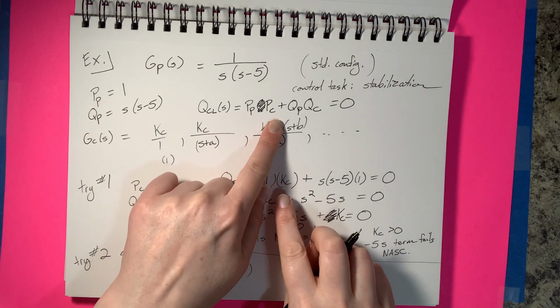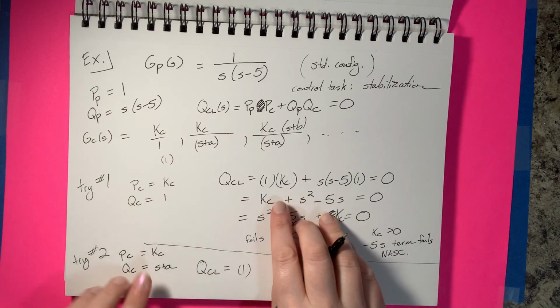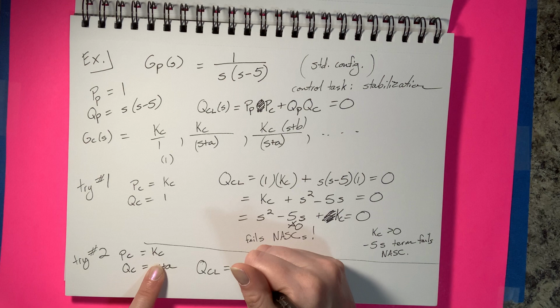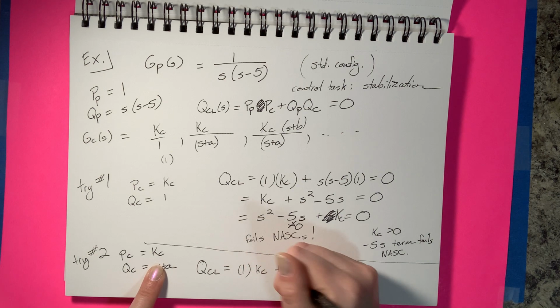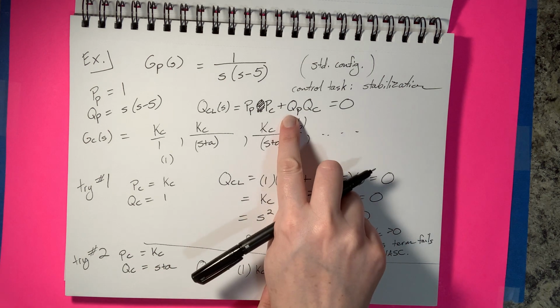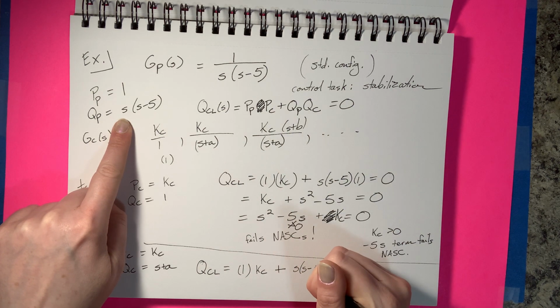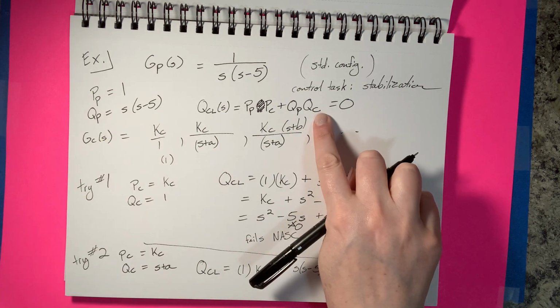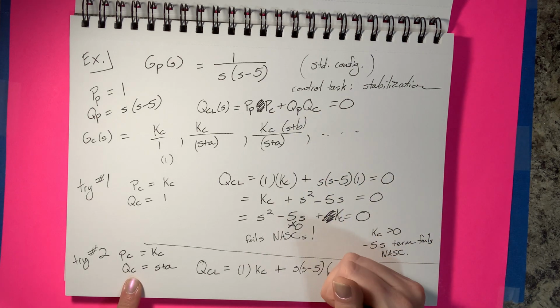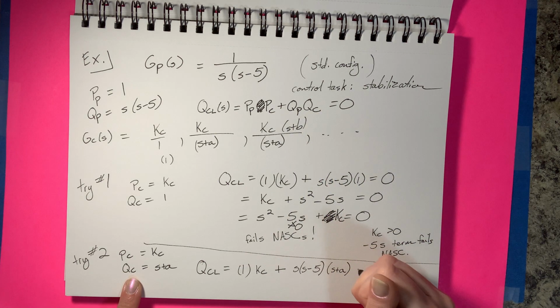Then we plug in P sub C, which is KC. We add that to our Q sub P, which is S times S minus 5, multiplied by this QC, which is S plus A.